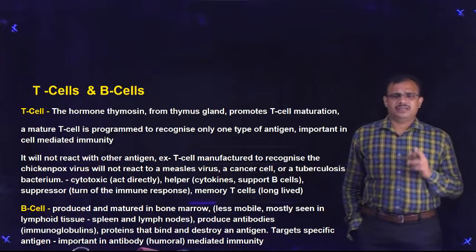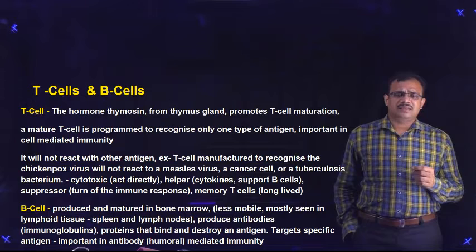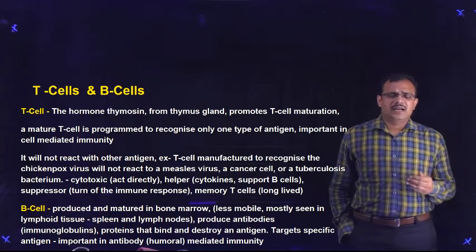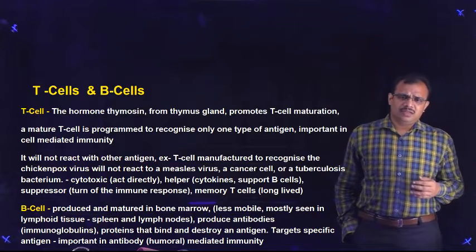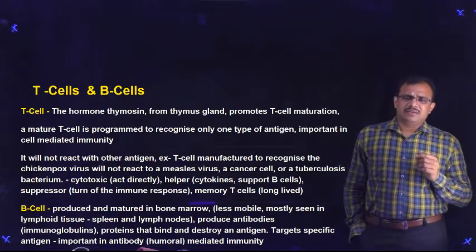There are two different types of immunity. One is cell mediated immunity and the other is humoral immunity, also called antibody mediated immunity. And here T lymphocytes are essential for cell mediated immunity.